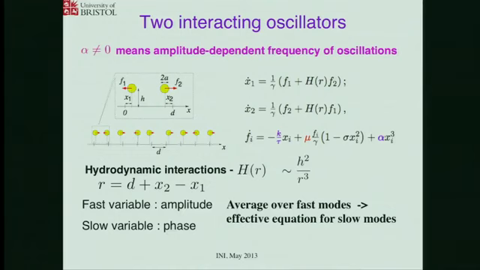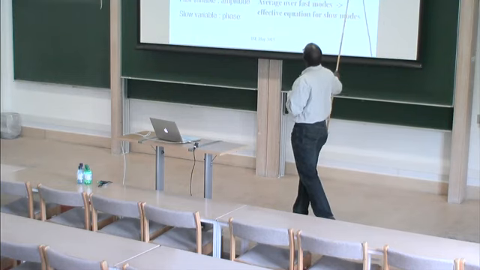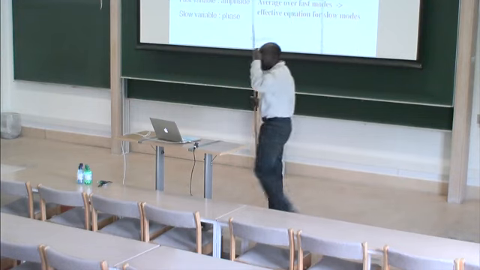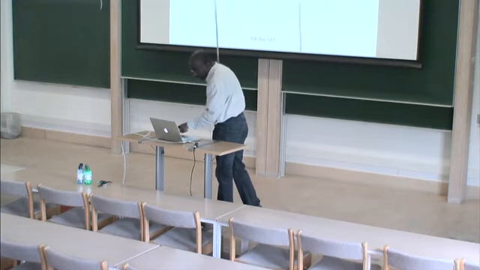But the fact that alpha is non-zero means that the frequency is not slave to the phase. So in the limit cycle that you obtain, you have variations of frequency with phase. And that's important.